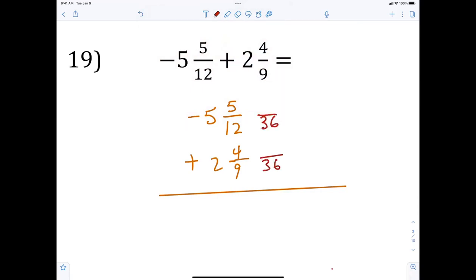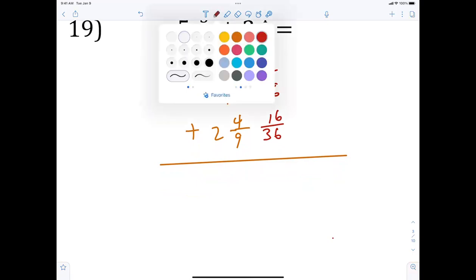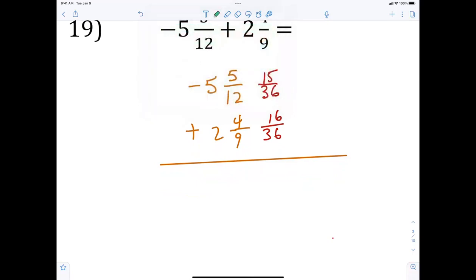36. Okay. Now what? 15, yes. 16, perfect. And then what do we have to do? Subtract. Can I do 15 minus 16? No. So what do I have to do?